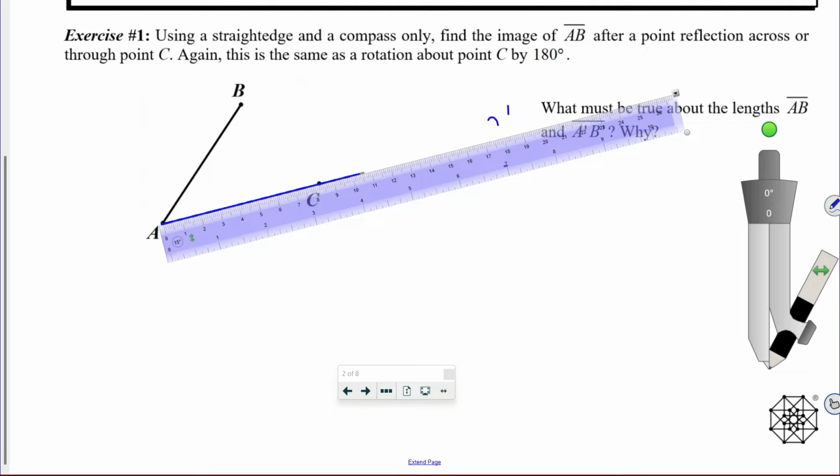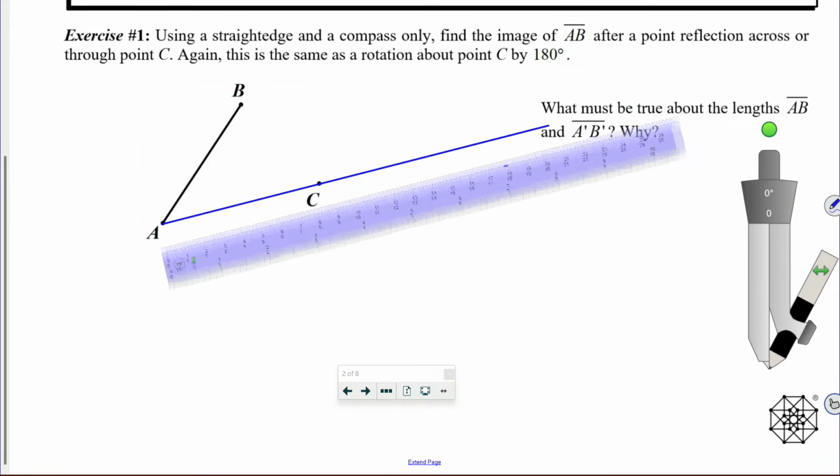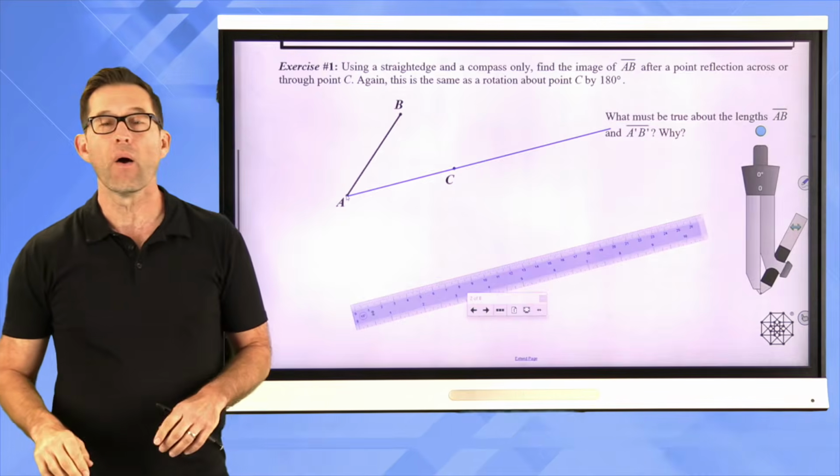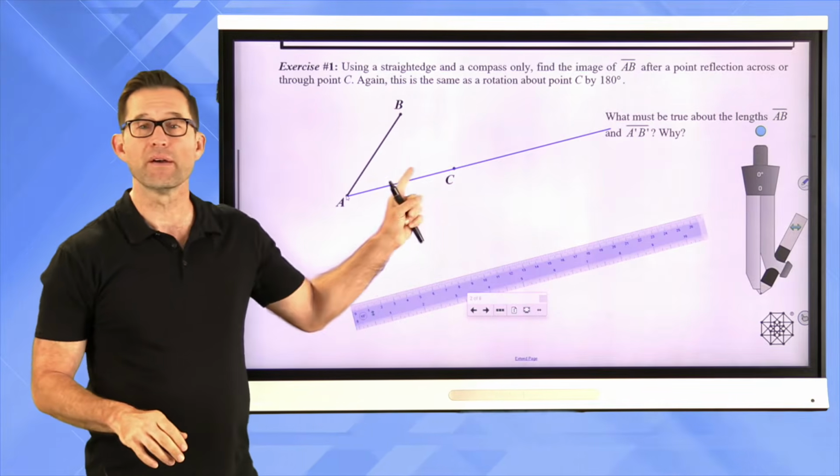So what I'm going to do is draw a lengthy line segment through A and through the center of rotation, all right? Now, I'm not going to use my ruler to measure this length.